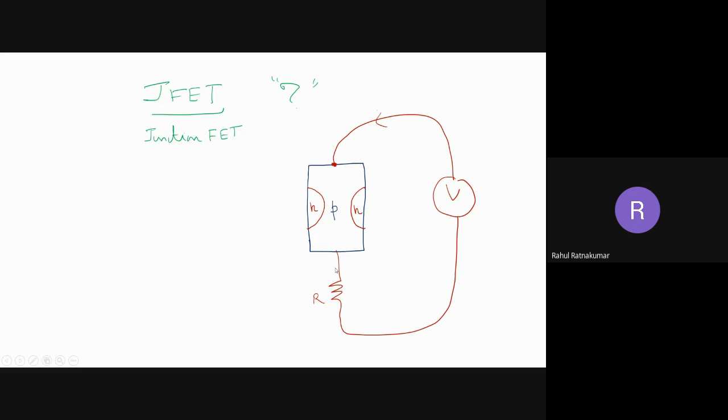So let's take the N channel initially. I'm just reversing it. Say I'll take another semiconductor. This time I take an N-type semiconductor, right? Over this N-type semiconductor, I'll add P-type layers. It's a 3D structure.